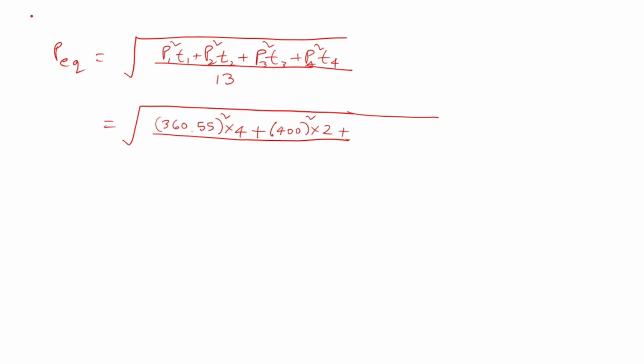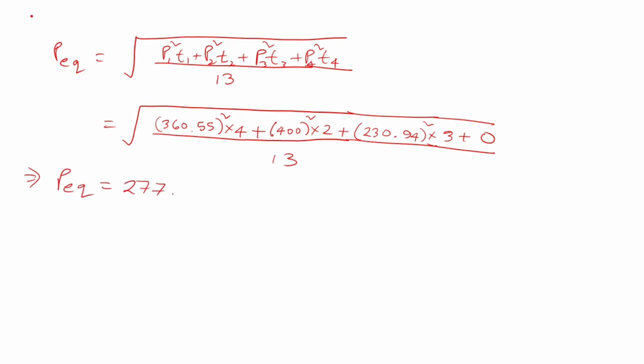In the third interval the power was 230.94 square, according to 3 minutes, plus 0. If we solve this, we'll get the power equivalent to be equal to 277.34 kilowatt. Okay, this is the P equivalent.